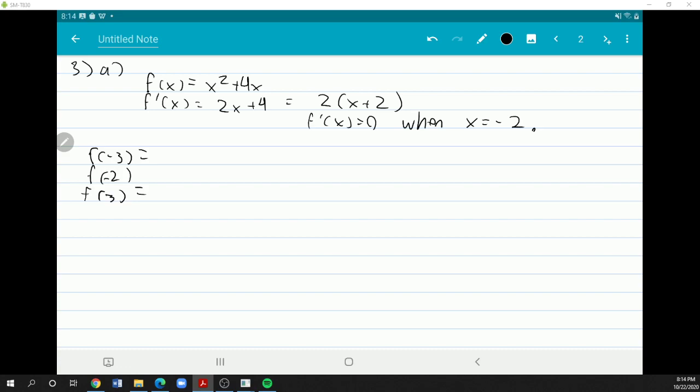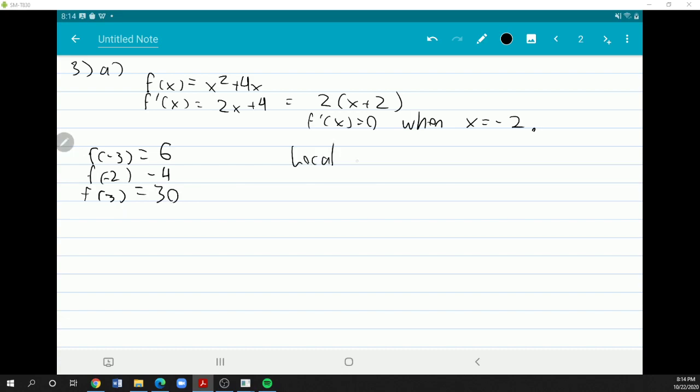So if I plug in minus 3, I get 18 minus 12, I get 6. Plug in minus 2 and you get 4 minus 8, which is minus 4. Plug in 3, I get 18 plus 12, which is 30.